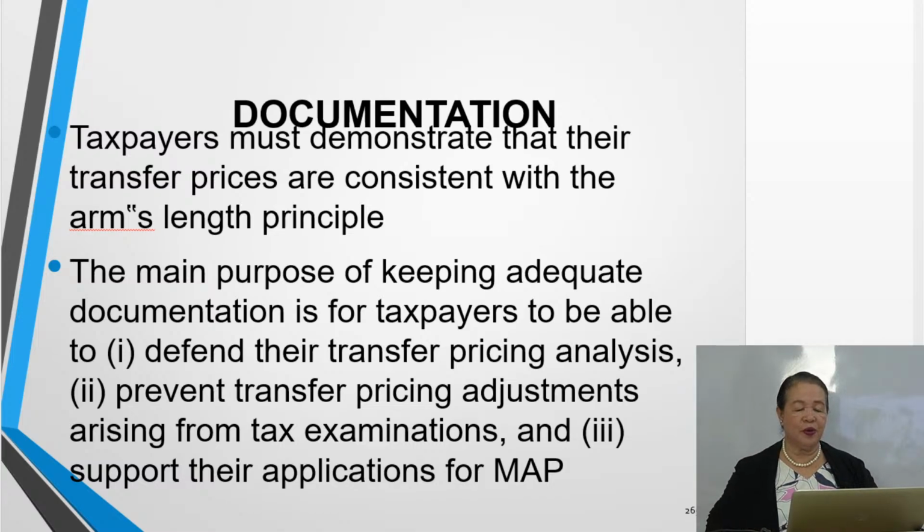So main purpose of keeping adequate documentation is for taxpayers to be able to, number 1, defend their transfer pricing analysis. Number 2, prevent transfer pricing adjustments arising from tax examinations and support their applications for MAP, no? So yun ang purpose. Bakit meron tayong adequate na documentation for taxpayers?